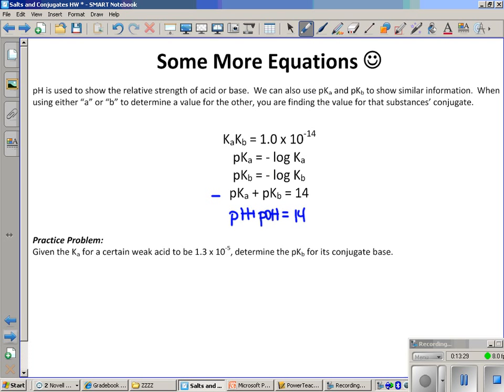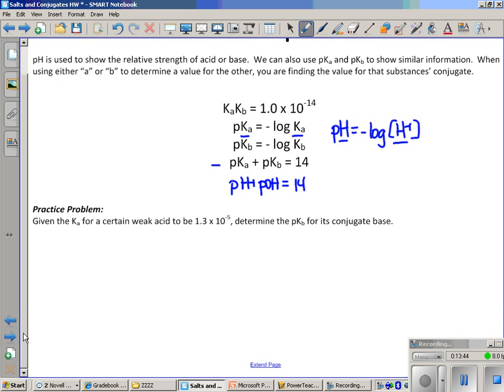Or pKa is the negative log of Ka. Well, you know that pH is the negative log of H plus concentration. So you can see that they're very similar. The Ka was replaced with H's. So it's the same concept, and you'll see later on how they're related. For now, I just want you to be able to calculate with them.